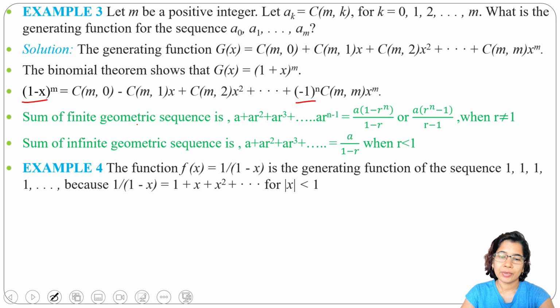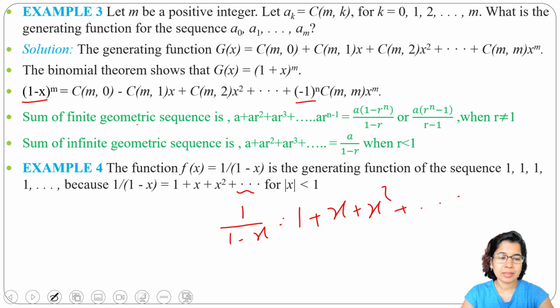Next, example 4: f(x) = 1 divided by (1 - x) is the generating function for the sequence 1, 1, 1, 1, and so on. So these are the a_k values, all are 1, because 1/(1 - x) equals 1 + x + x^2 up to infinity.